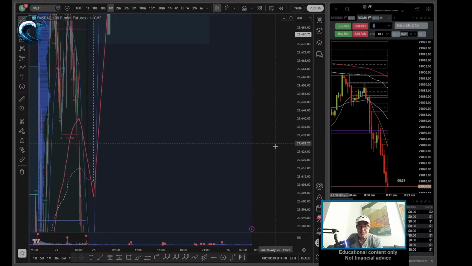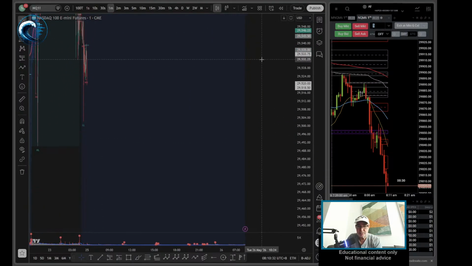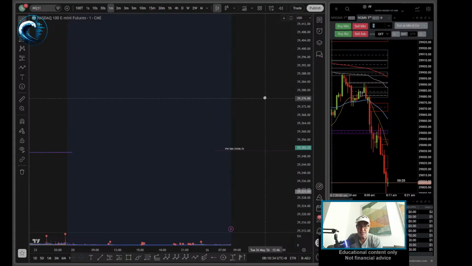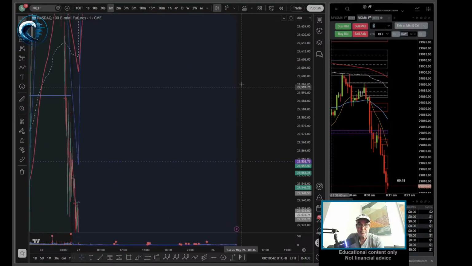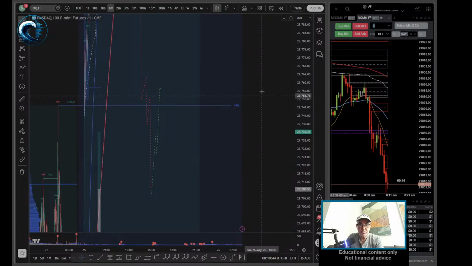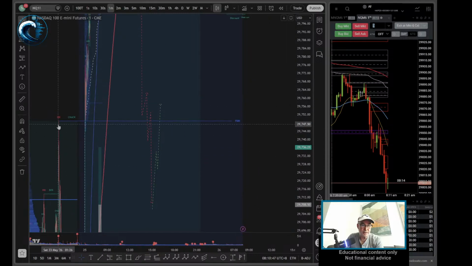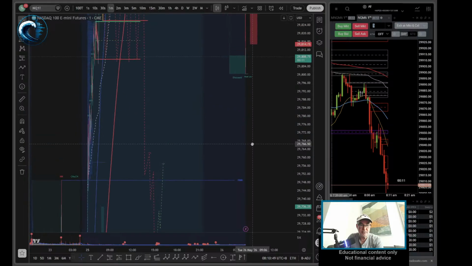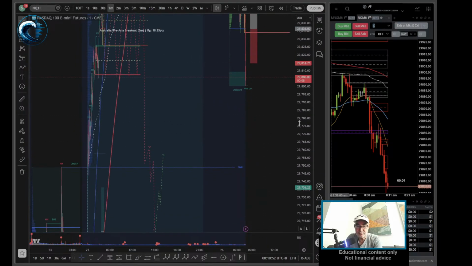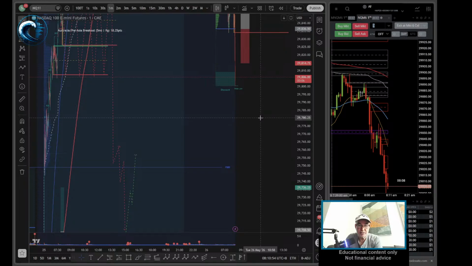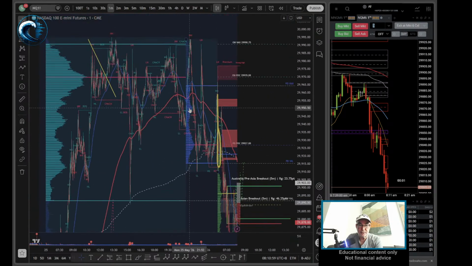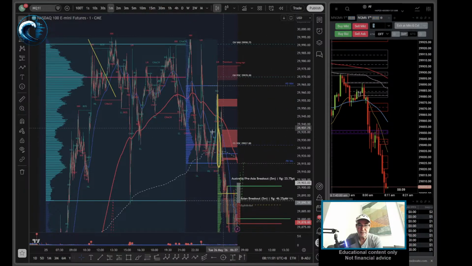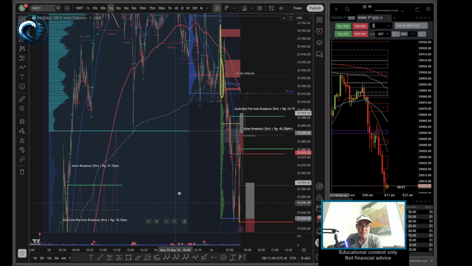Where are my previous weeks? Yeah, so my previous weeks are way down here. That is Friday's previous day high. That's not yesterday's high, I don't think. Yeah, so this is the previous day. This is the previous day value highs up here. That's Friday's.